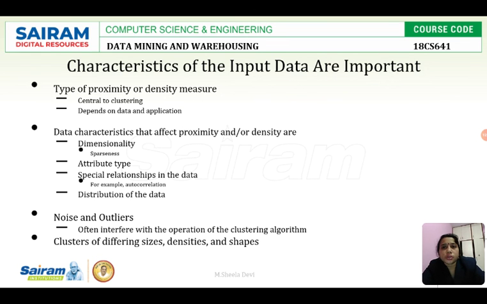So these are the characteristics of input data, types of proximity or density measure. It is central to the clustering. We said what the types of clustering are. So the proximity or density measure is central to the clustering. It depends on data and application. Then the data characteristics that affect proximity and density are dimensionality, which depends upon the number of dimensions, attribute types, special relationship in the data and the distribution of the data.